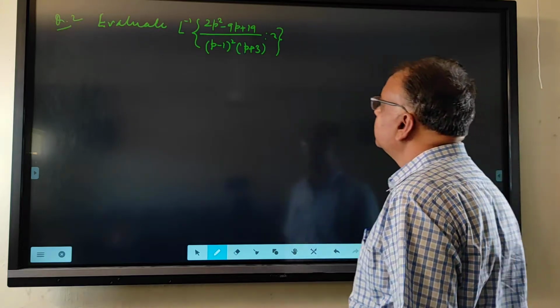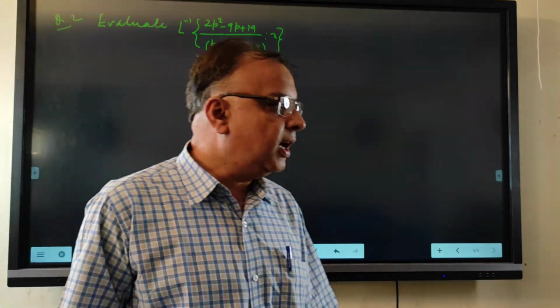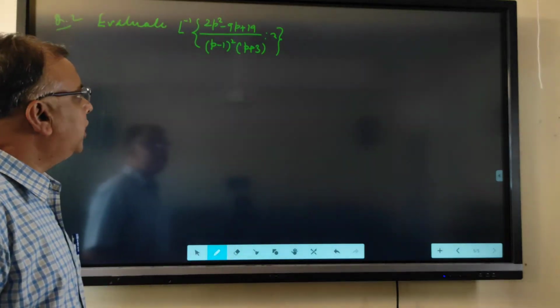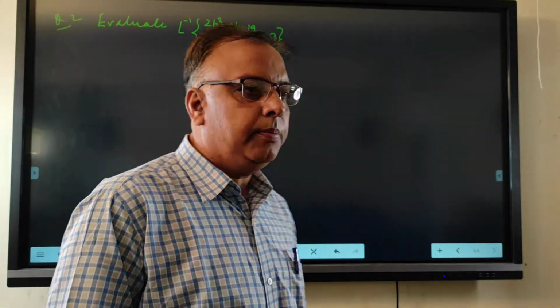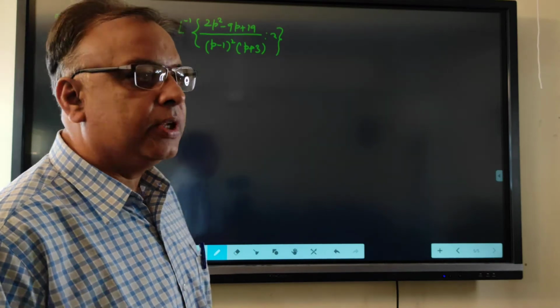Another question: evaluate the inverse Laplace transformation of (2p square minus 9p plus 19) upon (p minus 1) whole square into (p plus 3).